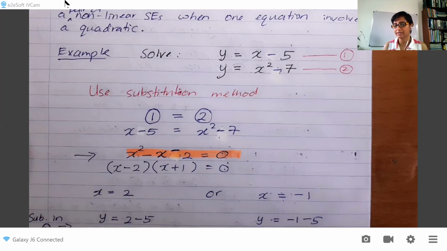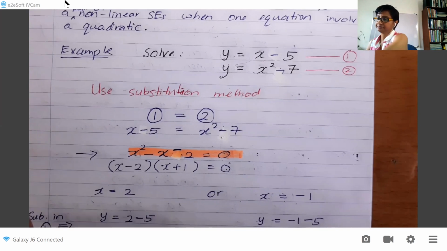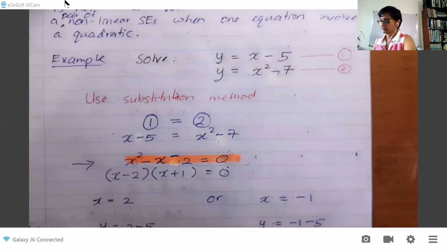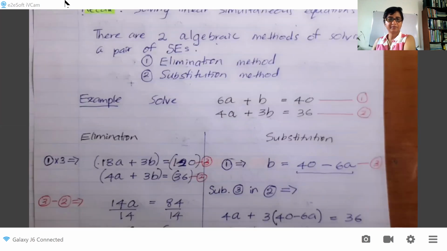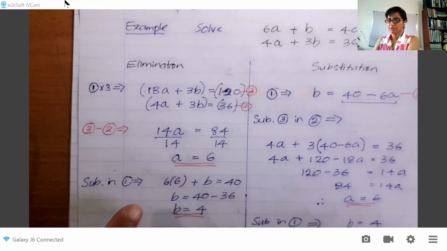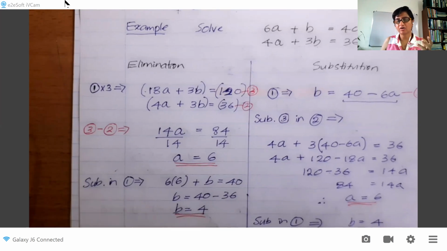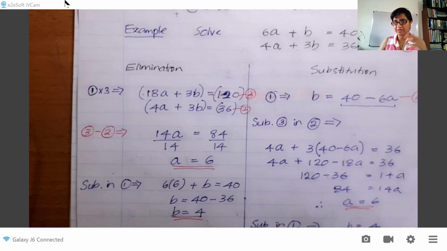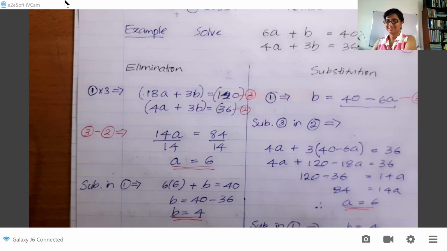You try to add or subtract your equations, the 2 sides of your equations, to eliminate one of your unknowns. Can you do that here?